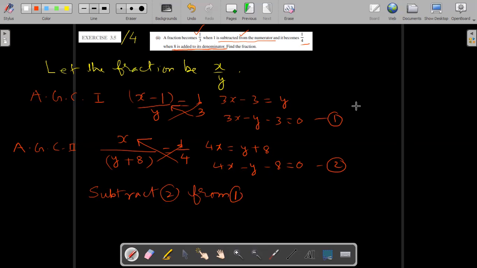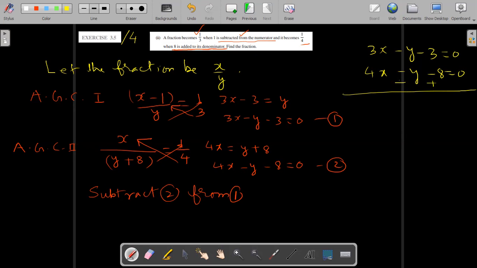So the first equation is 3x minus y minus 3 is equal to 0, and the second equation is 4x minus y minus 8 is equal to 0. On subtracting, the signs will change.